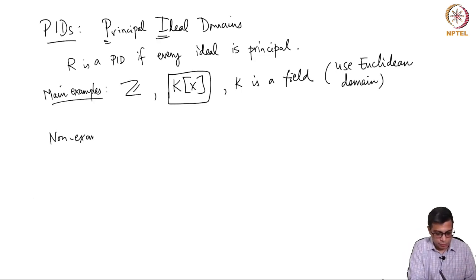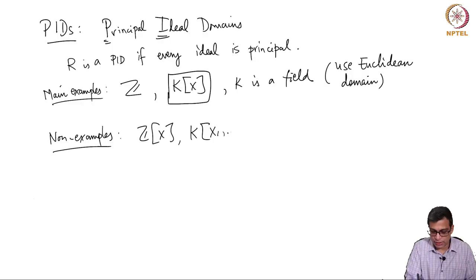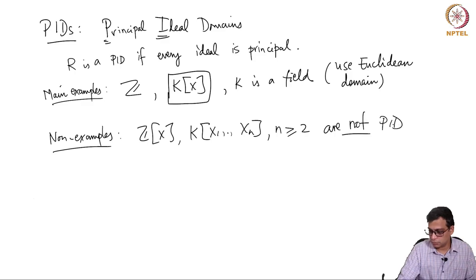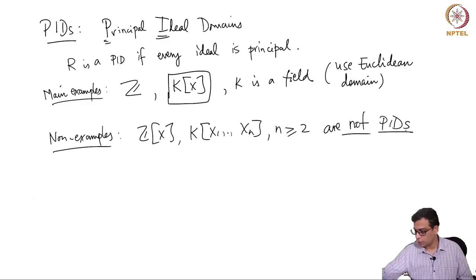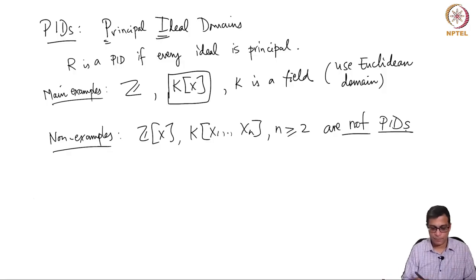Non-examples: Z[x] and K[x1, ..., xn], where n is greater than or equal to 2, are not PIDs. These are UFDs.